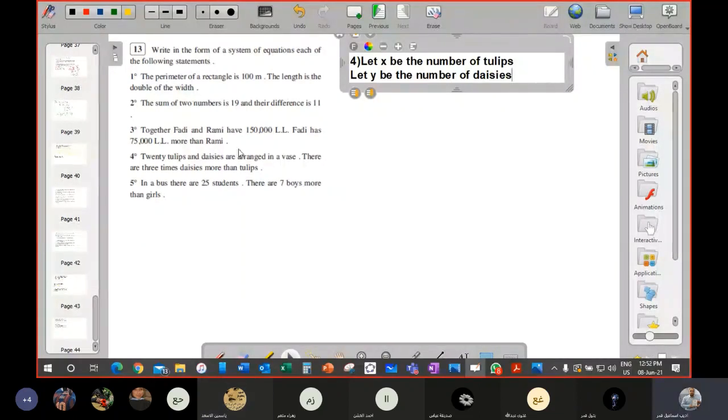Here the unknowns are the number of tulips and the number of daisies.